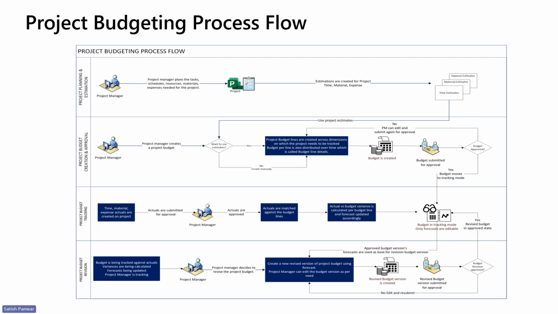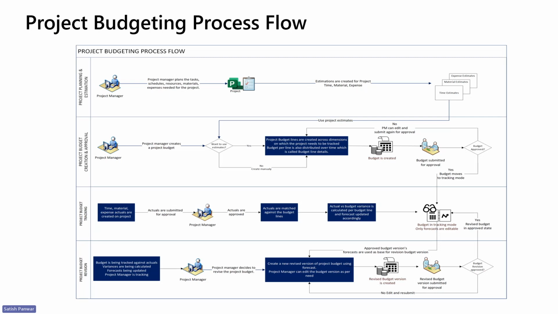Now, as a project manager, you have the ability to use the previous estimates and create a budget. Or if you don't want to use these estimates, then create those budgets manually as well. Once the budget is created, the budget can be submitted for approval. And once it's approved, it's your finalized version of the budget, which can be used for tracking.